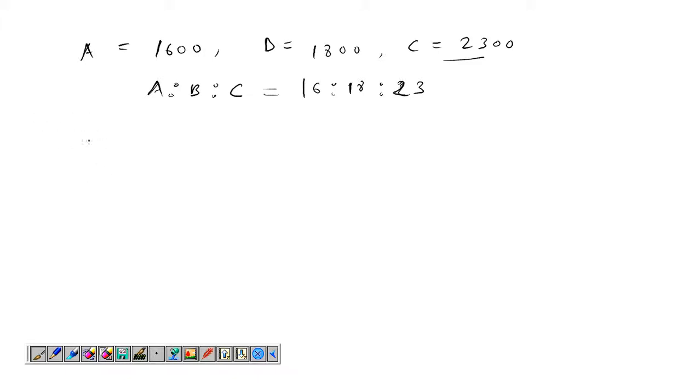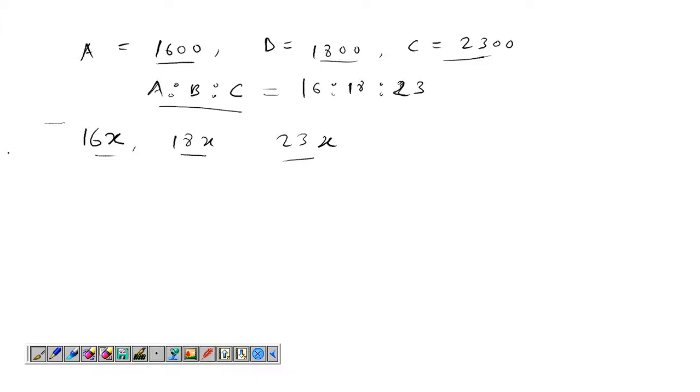Now, you should not use this way in your examinations because this will kill a lot of time. But here I just want to make you aware of how it happens. So actually, we take 16x, the part invested by A, 18x, the part invested by B, and 23x, the part invested by C. Here, even this is not important because the figure is already given.